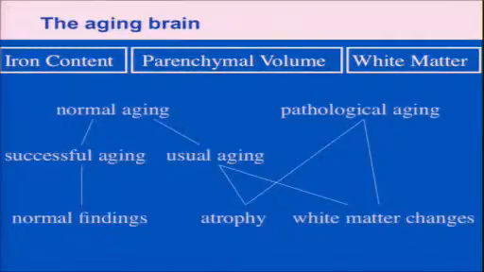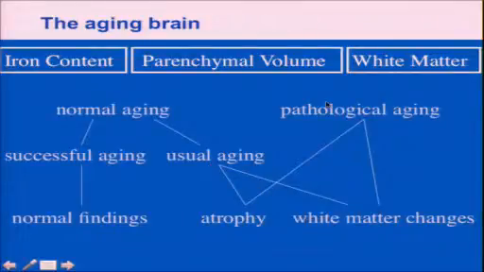It's almost normal to develop some white matter changes in the brain, but it can still be successful aging and the patient has no clinical symptoms, so normal findings. There's also what we call usual aging, where we do see some atrophy and some white matter changes, but the patient does not present with clinical symptoms. So it's still a usual aging.